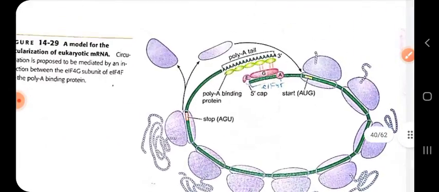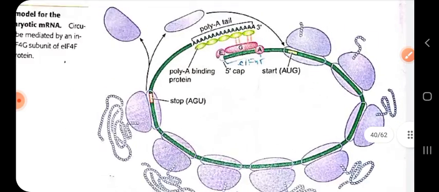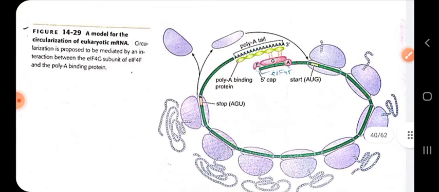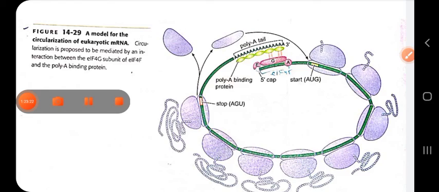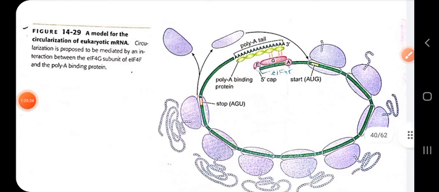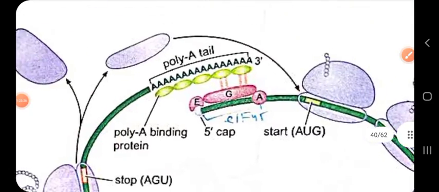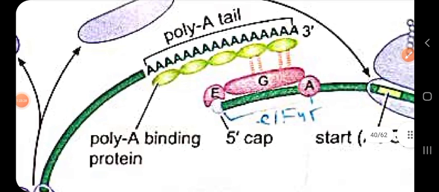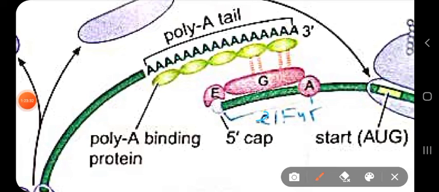Okay, this is the structure that I have drawn, where a circular configuration of the mRNA can be observed. We can see here EIF4F, one of whose subunits is EIF4G.